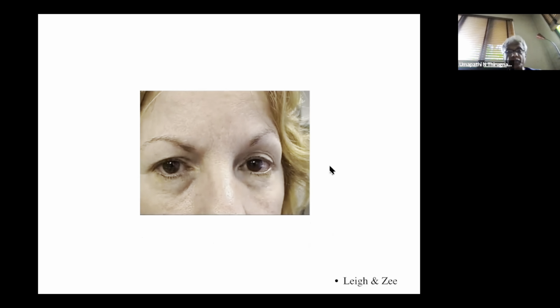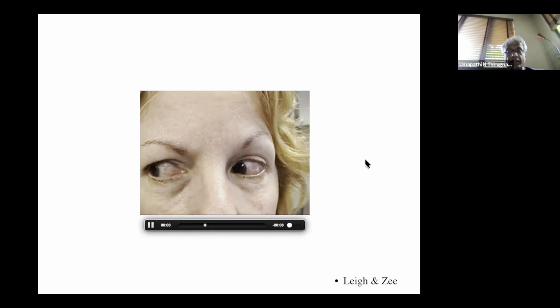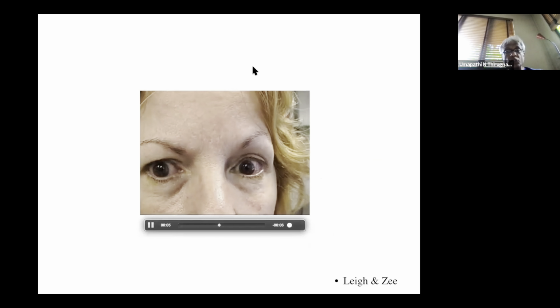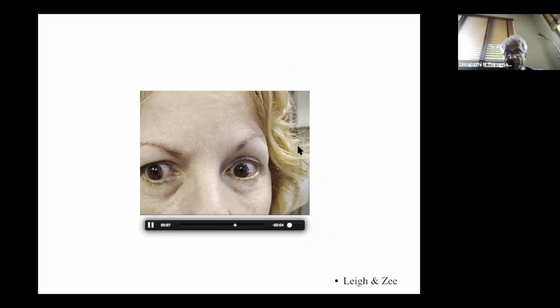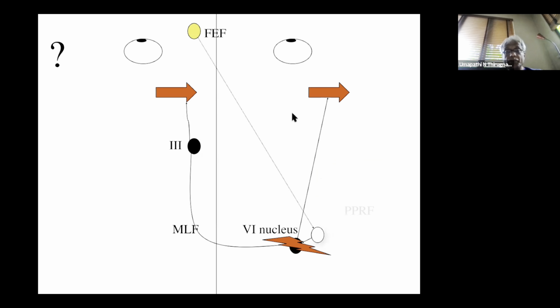So now you realize that this lady's inability to move to the left, because of the 2 arrows that are red, could be a lesion here, to make these arrows red. It can be a lesion here. But you realize that with this frontal eye field being involved, the lesion could also be here.